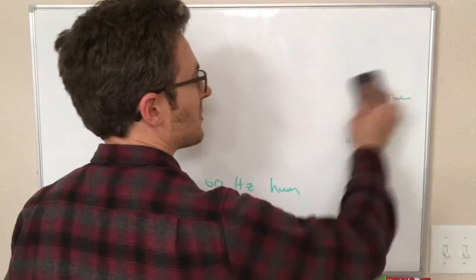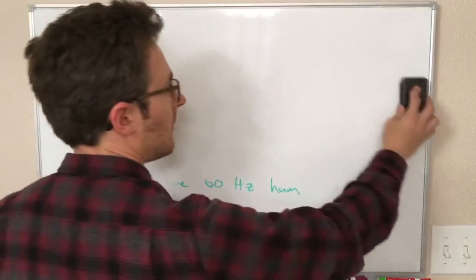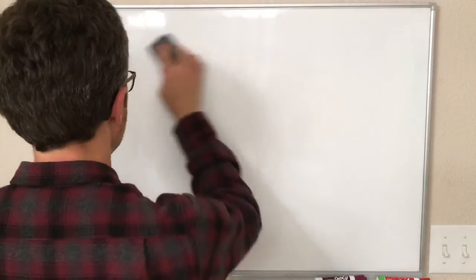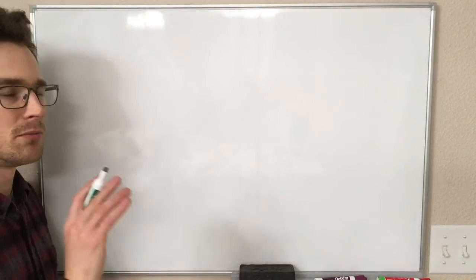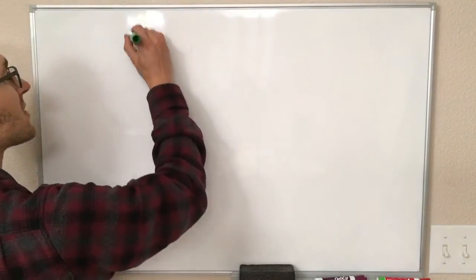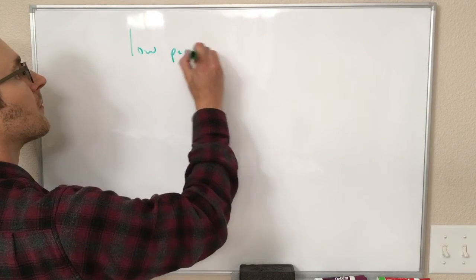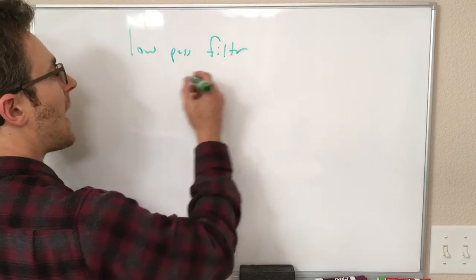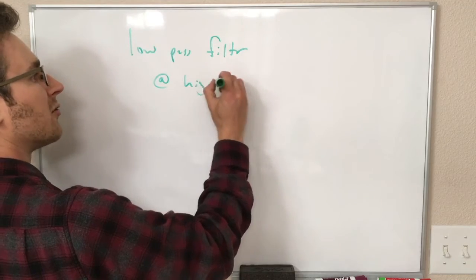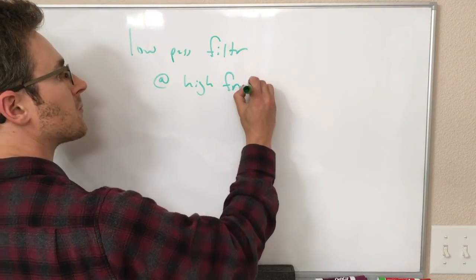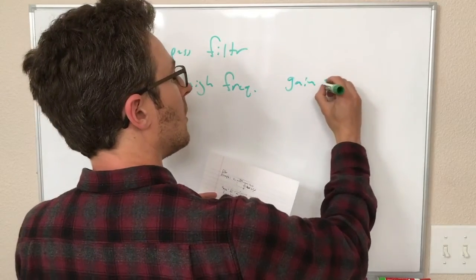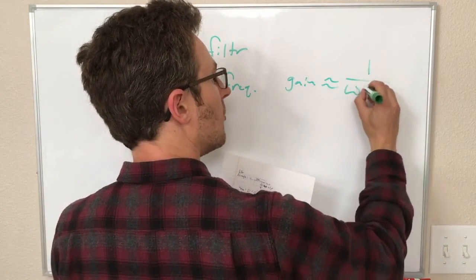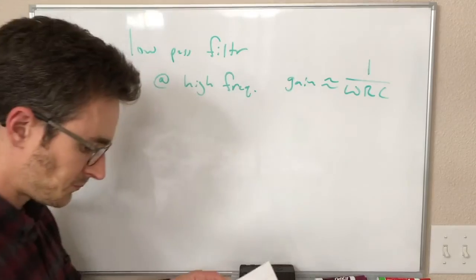I said this was last, but there is one more thing I want to talk about, and that is decibels again. So remember, I'm just going to do a little quick example. For a low pass filter, at high enough frequencies, our gain looked like 1 over omega RC.